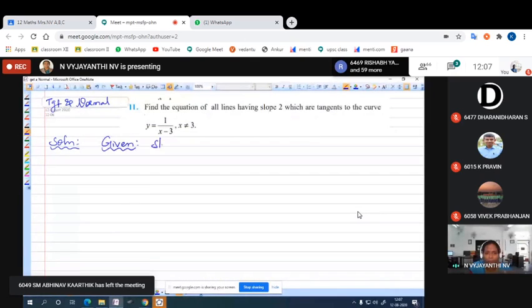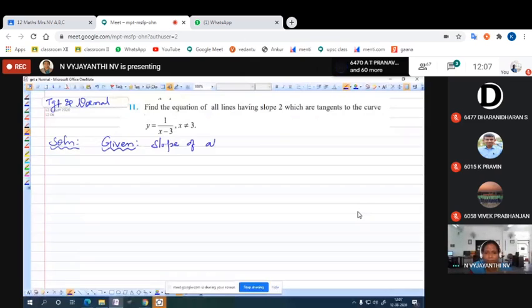Equation of all lines having slope 2 which are tangents to the curve. So how many lines will be there with the slope as 2? Infinite.